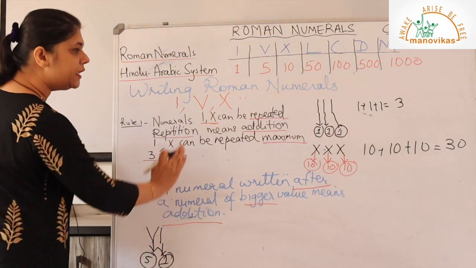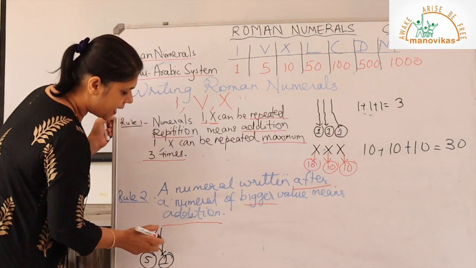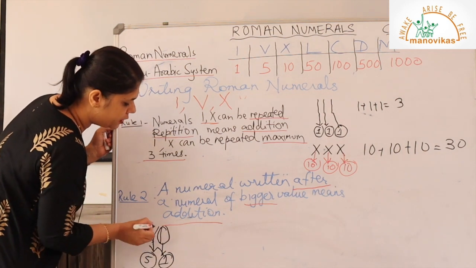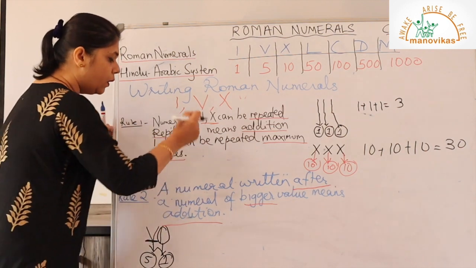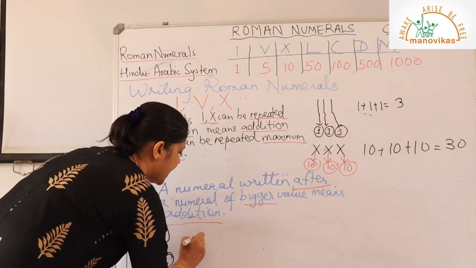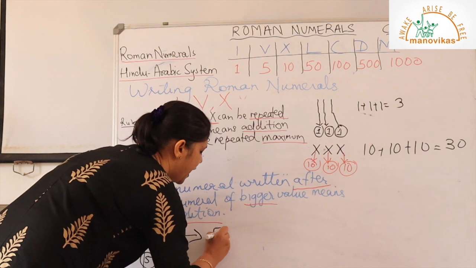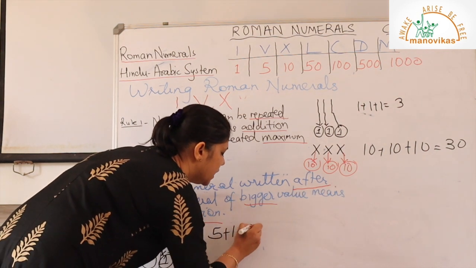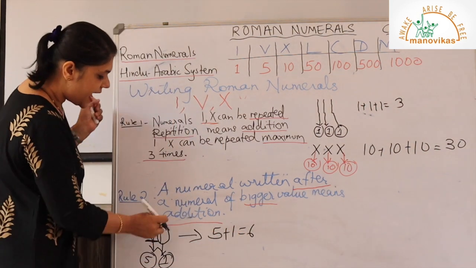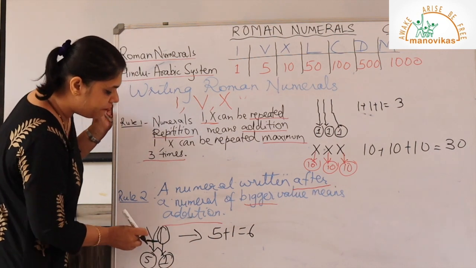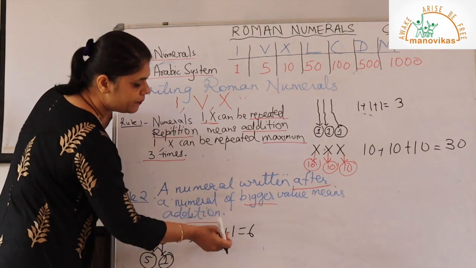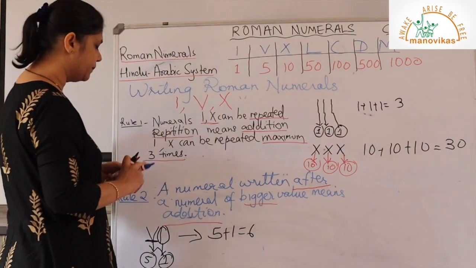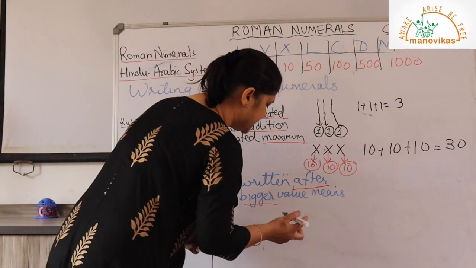So, according to the rule, since I is written after V and I is a smaller number, then we write this as 5 plus 1 equals 6. So since I is written after V, which is a bigger value, we get the number as 5 plus 1, that is 6. Now look at the next example.